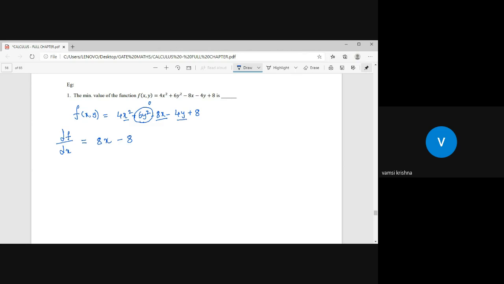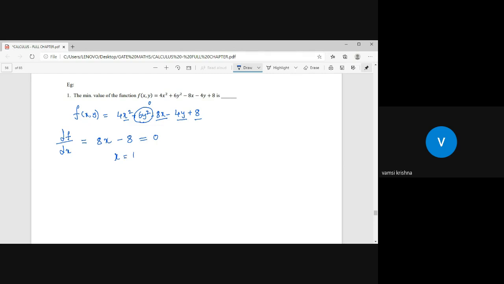And this will be 0, 4y differentiation 0, and 8 differentiation is also 0. So finally I got 8x minus 8. Let us equate 8x minus 8 equals 0 to get the stationary point, which implies x is equal to 1.